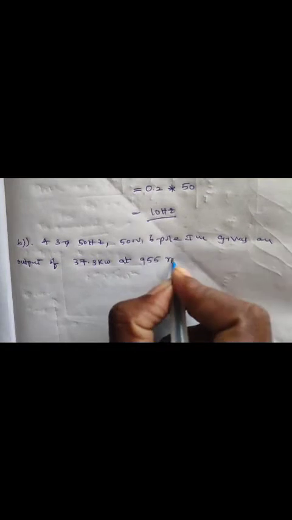Next problem. A three phase, 50 Hz, 100 volts, 6 pole induction motor gives an output of 37.3 kilowatt at 955 rpm.